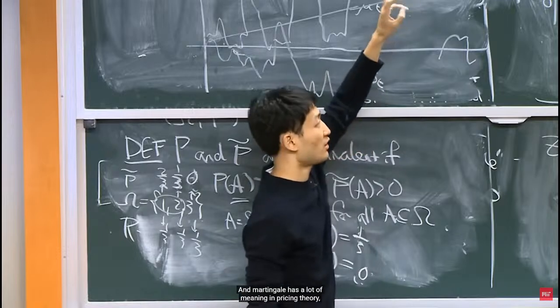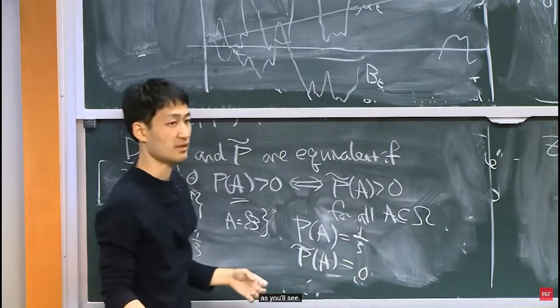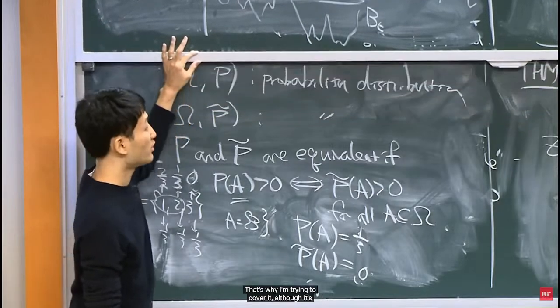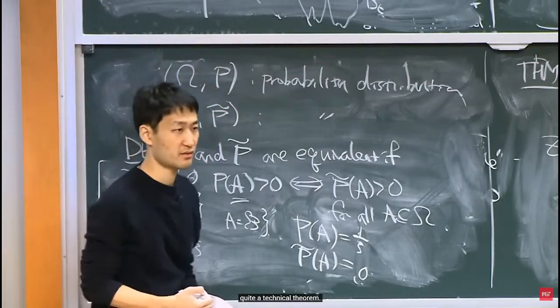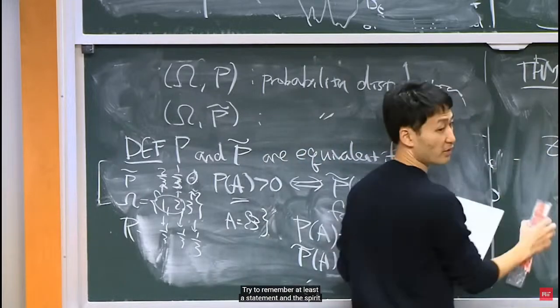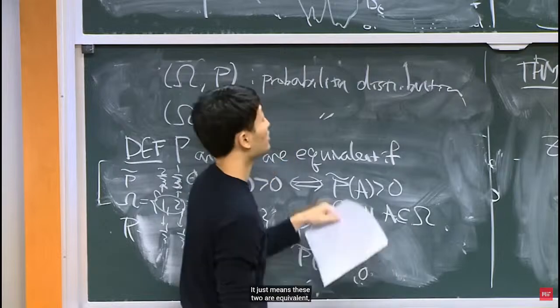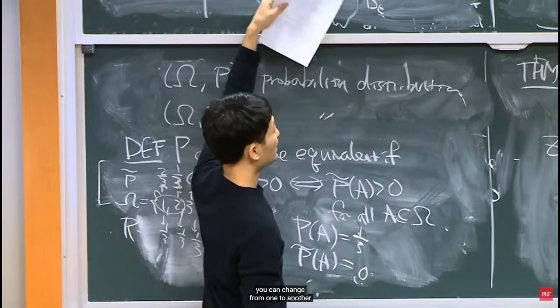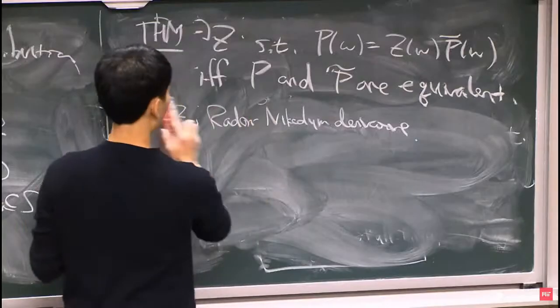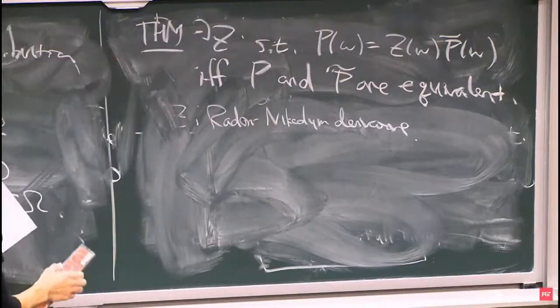And martingales have a lot of meaning in pricing theory, as you'll see. So this also has application. That's why I'm trying to cover it, although it's quite a technical theorem. Try to remember at least its statement and the spirit, what it means. It just means these two are equivalent. You can change from one to another by a multiplicative function. Okay, that's a good place to erase.